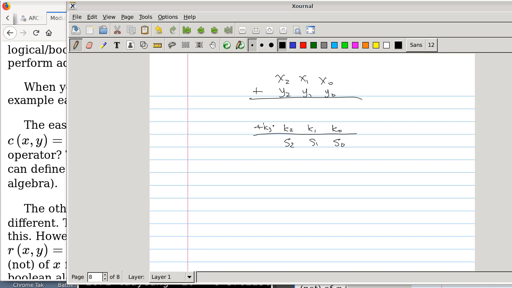So let me highlight which portion would be the input to a 3-bit by 3-bit adder. The inputs would be these bits, all the x's and all the y's, and then k0 is also an input bit. I know it looks kind of strange. How come k0 is an input instead of a constant 0?